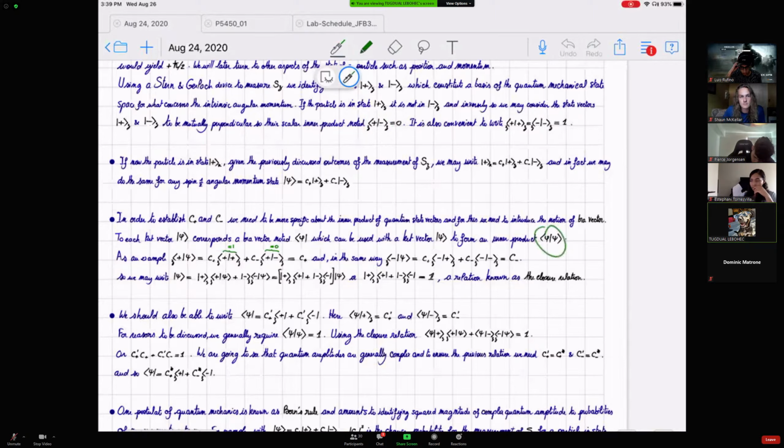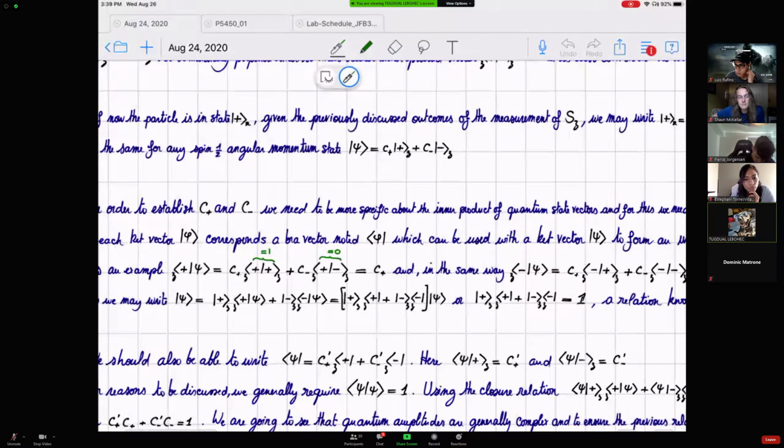But let's look at the case where you have two states phi and psi. Just concentrate on psi.